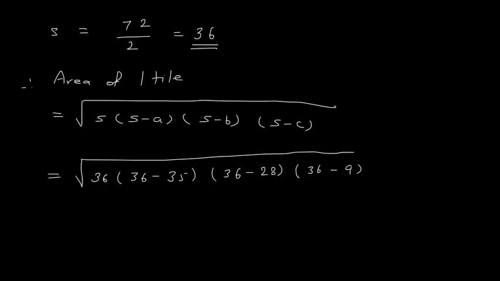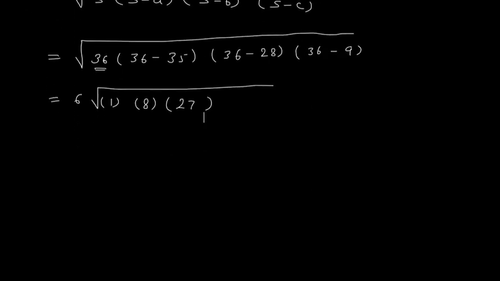Now this 36 I can write as 6 into 6, so I can take 6 out. Now 36 minus 35 is 1, 36 minus 28 is 8, and 36 minus 9 is 27.